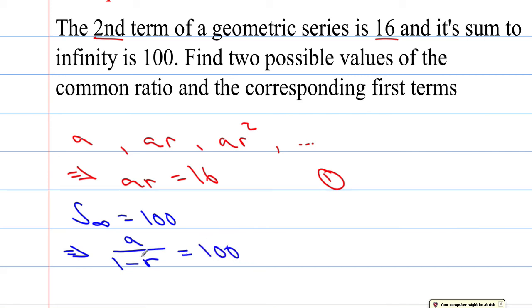And what I'm going to do now is multiply both sides by 1 minus r, so we get a is going to equal 100 times 1 minus r. Let's call this equation 2.